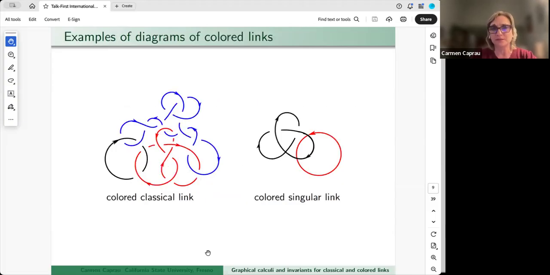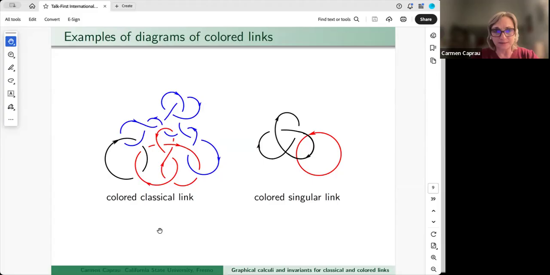Here are some examples of diagrams of colored links. On the left-hand side, it's a classical link that is colored. It has 3 components, and they are all colored differently, which means that we have 3 classes in that partition.